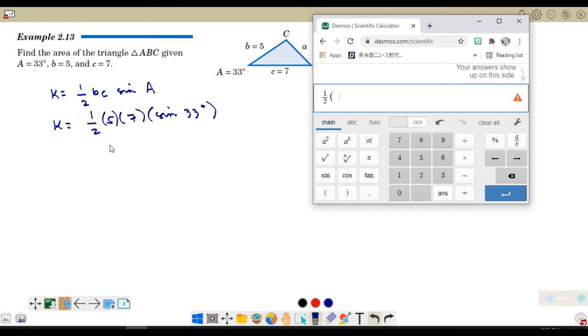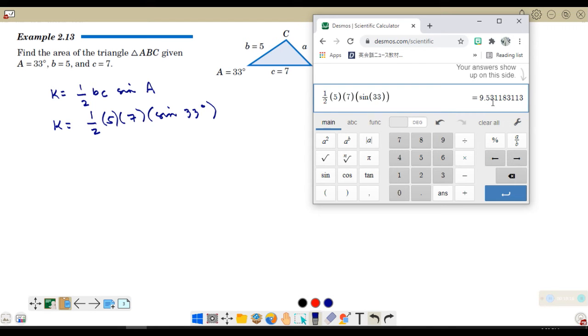Next, we have open and close parenthesis for the multiplication of 5. Close natin yung parenthesis. Open parenthesis, 7. Open parenthesis, sine 33 degrees. Make sure that your calculator is in degree mode. So, close lang natin siya. We have 9.53, 11,83113. So, dito lang tayo hanggang 10,000.